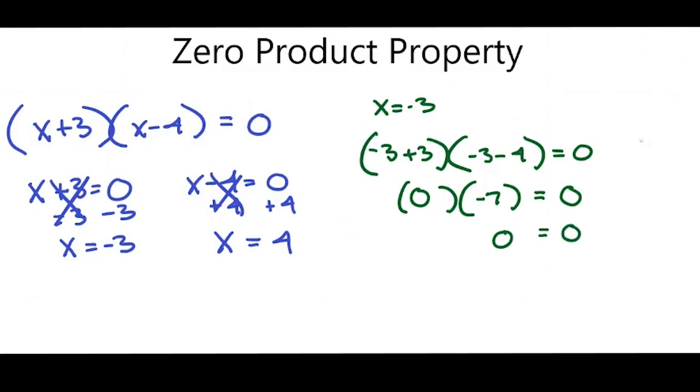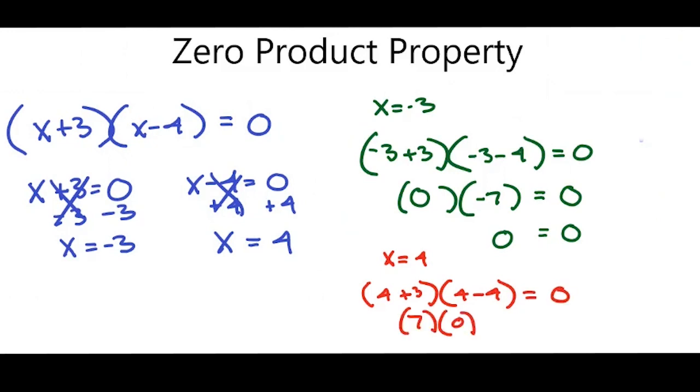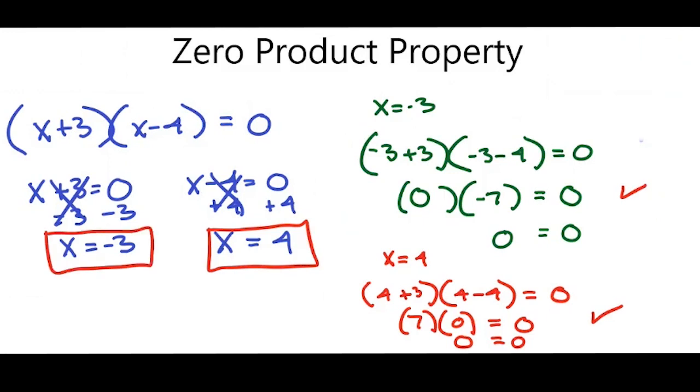Next, let's try x equals 4. So (4 plus 3) times (4 minus 4) equals 0. 4 plus 3 is 7. 4 minus 4 is 0. Well, 7 times 0 is 0. 0 equals 0. So that works. So our answers are x equals 4 and x equals negative 3. And that's how you use the zero product property.